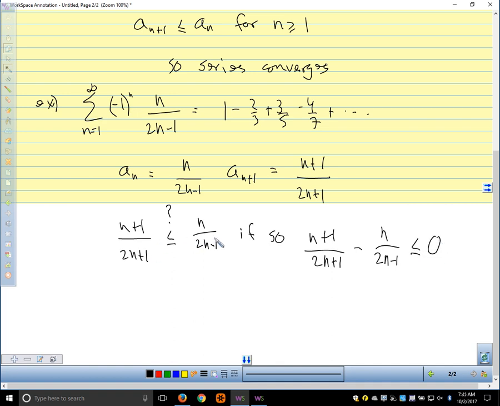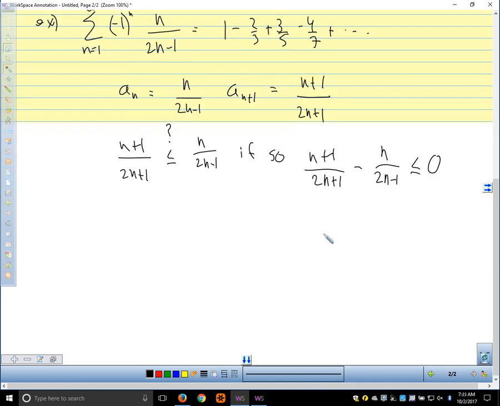Now we can't work across this inequality here because we don't know if that inequality holds. So what we have to do is work with this and show that it's less than 0. So we're going to find a common denominator and simplify this out a little bit. So we're working with this to see if it's less than 0.